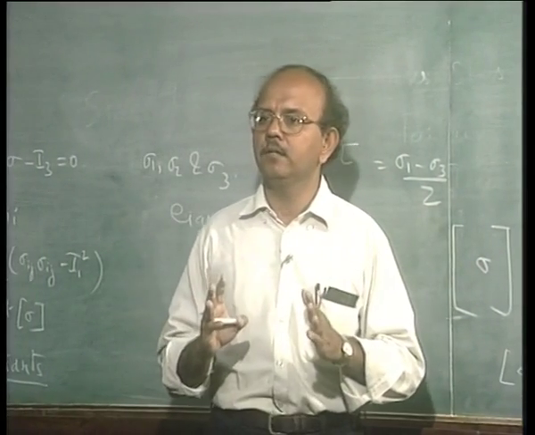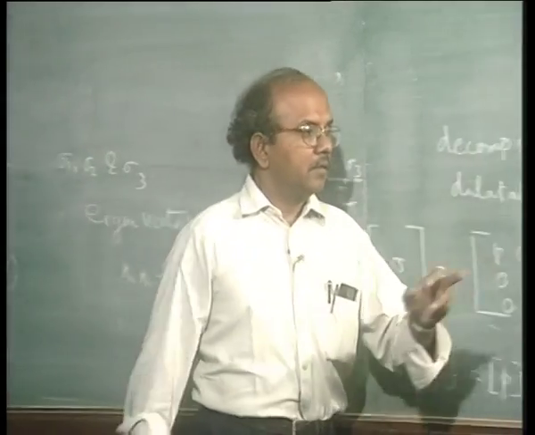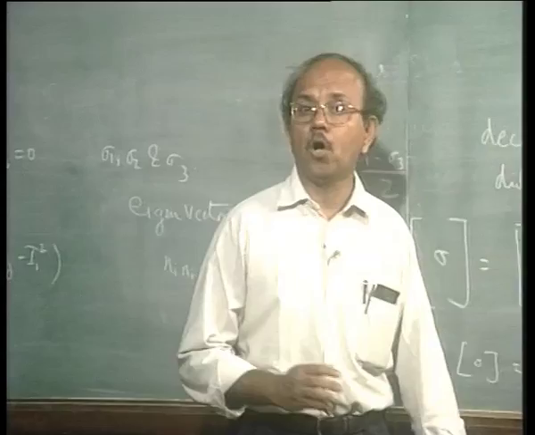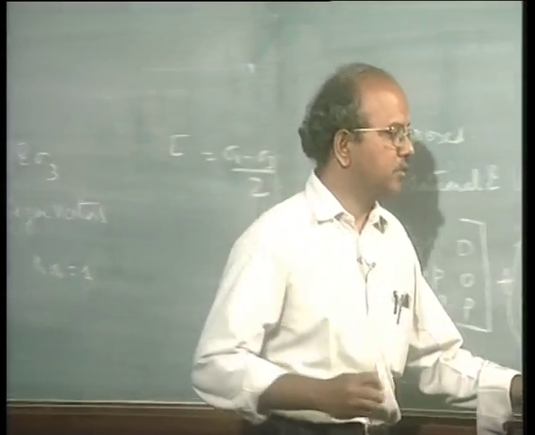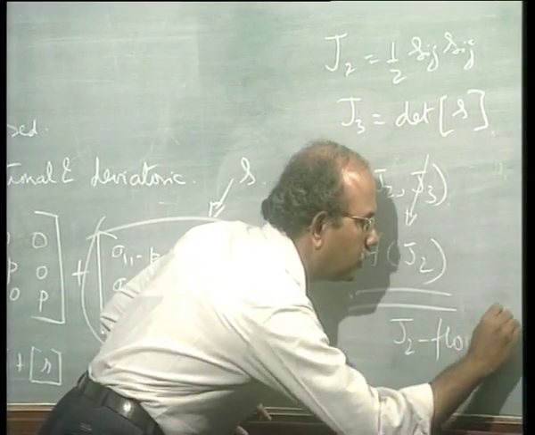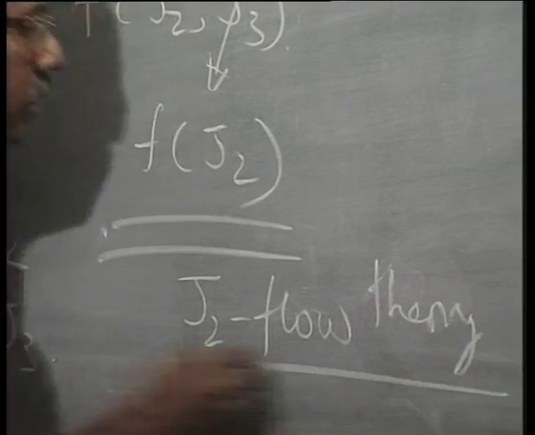Is that clear? This theory, ensuing from Mises, is also called the J2 flow theory.